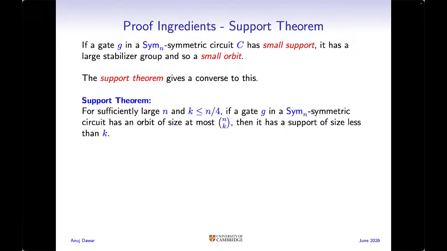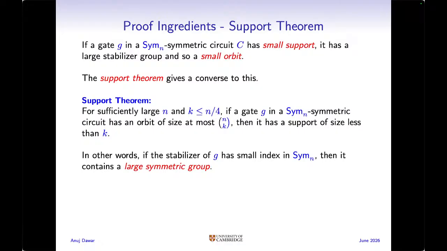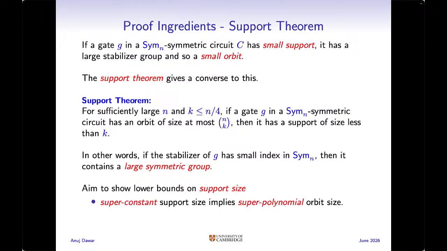I'll say a little bit more about this on the next slide. Which means basically the stabilizer group contains within it a large symmetric group. And what we're ultimately aiming to do is show lower bounds on the support size of gates, which gives us lower bounds then on the orbit size, which is what we're after. Roughly speaking, a super constant support means super polynomial orbit size, and linear size support means exponential orbit size.